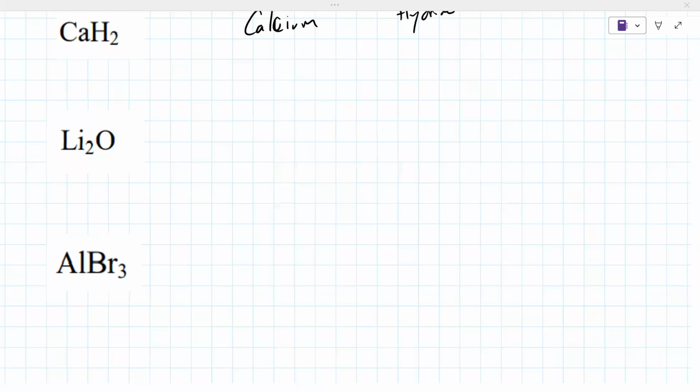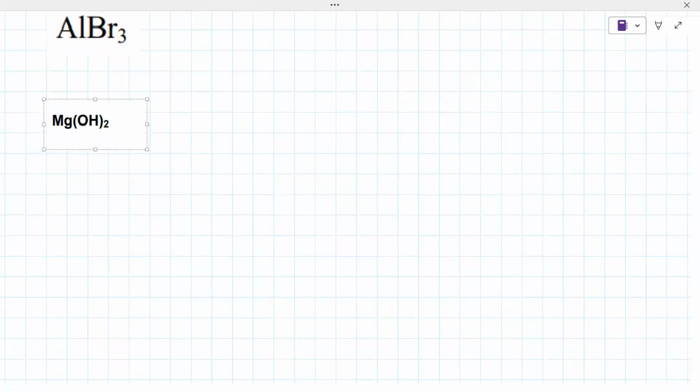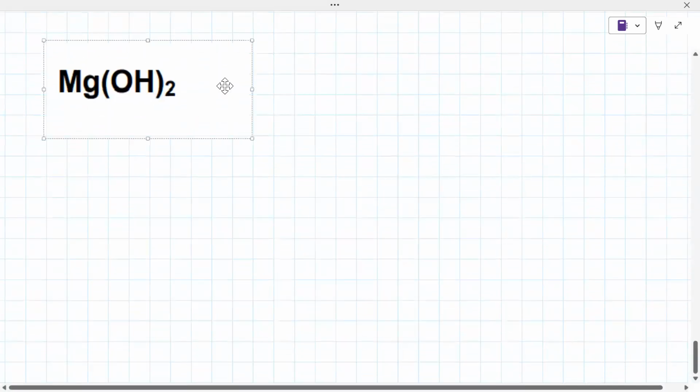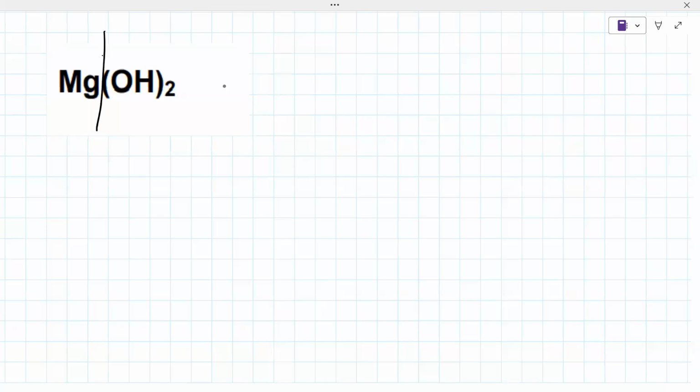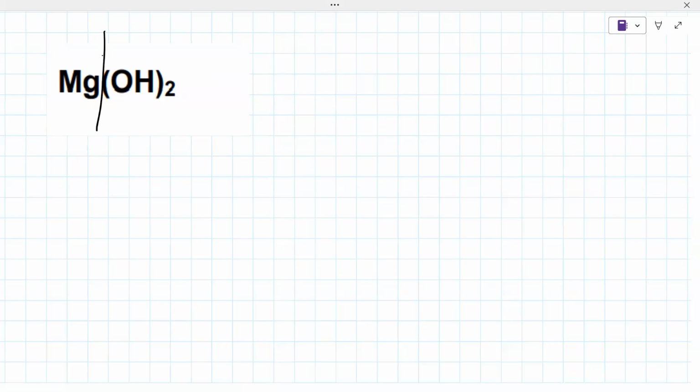All right, here, I guess we'll just do a few more of those other polyatomic ions. So here's a good one for you to name. Take a look at that. Do you have to split this one? Yeah, like that, right there. All right, magnesium, and then just give me a second to look.